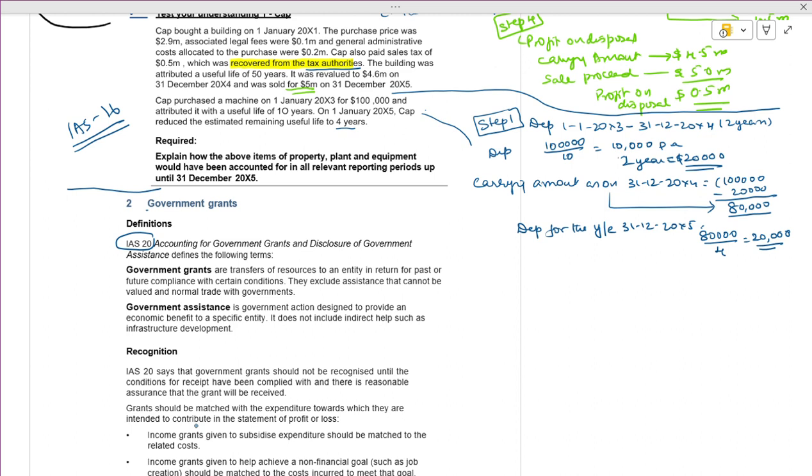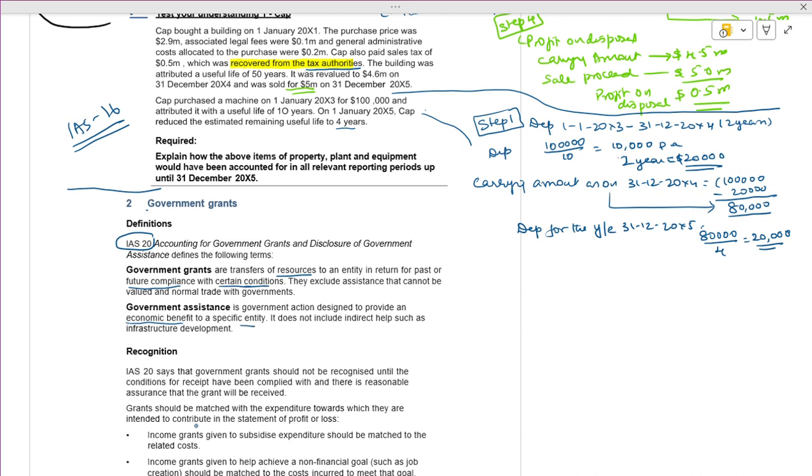What are government grants defined as? Government grants are the transfer of resources to the entity in return for past or future compliance with certain conditions. They exclude assistance that cannot be valued. Government assistance is government action designed to provide economic benefit to a specific entity.